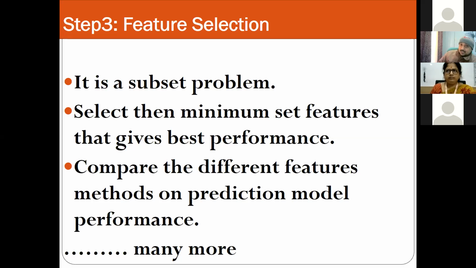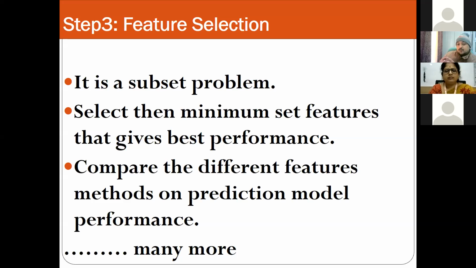Similarly, feature selection is again a research domain. In that case, you have to select the minimum set of features which provides the best performance. Most of the time we utilize the variation that is present in our features.